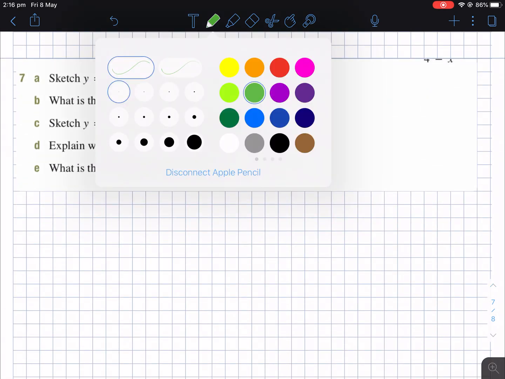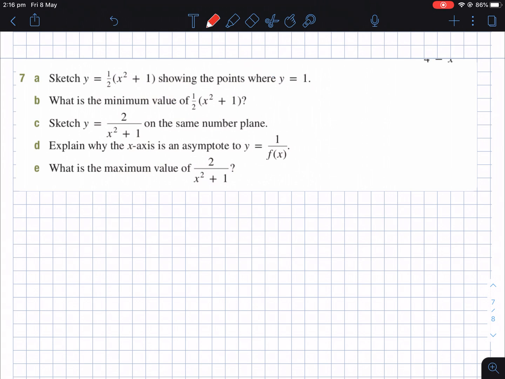We're going to sketch question 7, and we're going to try and do it methodically. Okay, it's obviously a quadratic, so let's start off by following the normal steps. Concave: there's no negative in front of that x squared, so it's up. Y-intercept: we let x equal 0, so y equals a half, 0 squared plus 1, which just equals a half.